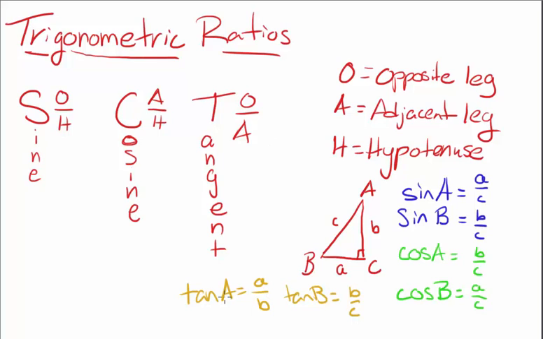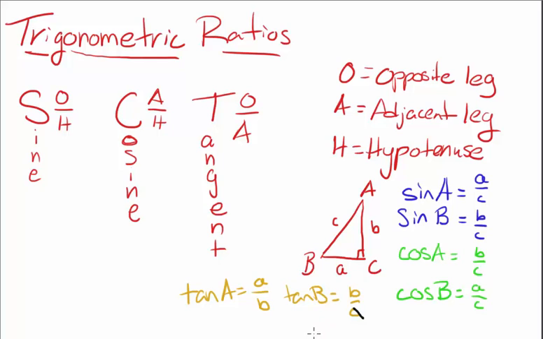Once again, we're looking at angle A and angle B. Tangent of A is, for angle A, the opposite side is side A, divided by the adjacent leg, which for angle A is B. For tangent of B, we are looking at angle B, and that equals the opposite side, which is B, divided by the adjacent leg, A. So that is the general format of the trig ratios.